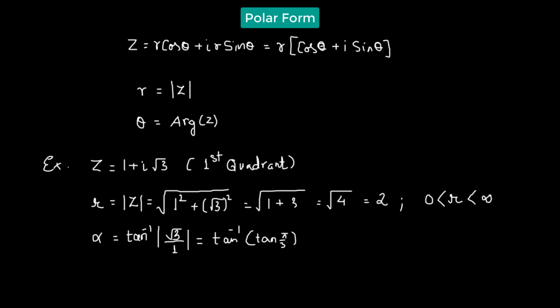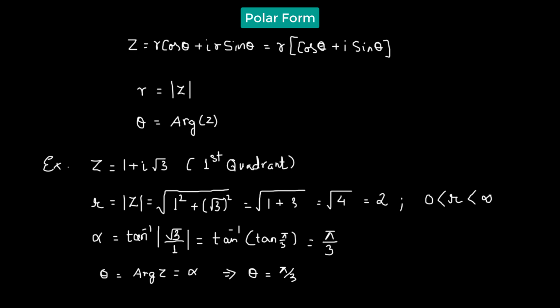So we can replace root 3 by tangent of pi over 3. Then the tangent inverse and tangent will go away, and that will leave us with pi over 3. So theta, which is the argument of the complex number z, is going to be equal to the acute angle alpha, because our complex number lies in the first quadrant. This implies that the value of theta is simply equal to pi over 3.